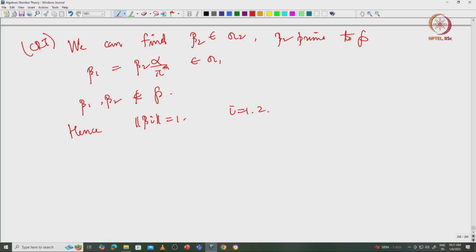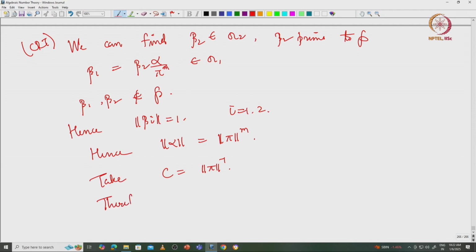Hence, if I take the valuation of beta i, this will both be 1. And so hence the valuation of alpha is the same as the valuation of pi to the power m, right. And so we can take C to be the valuation of pi inverse, right.